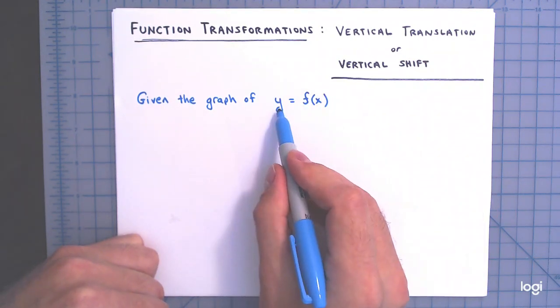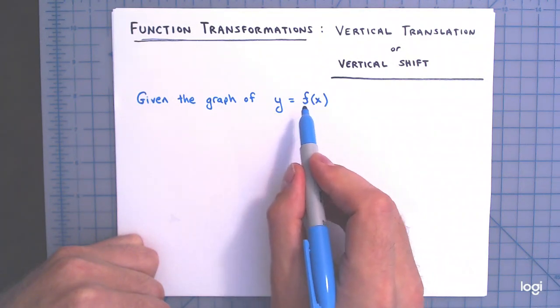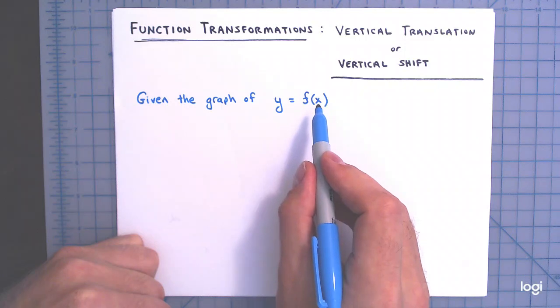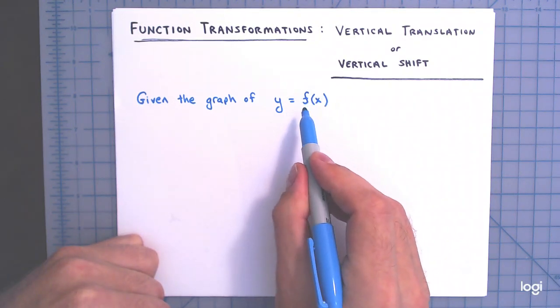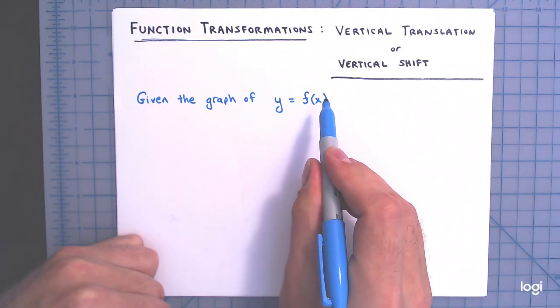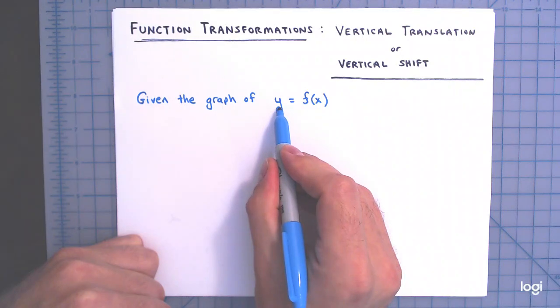Right, so this could be y equals x squared, y equals 2x plus 1, y equals 3x cubed minus 5x squared plus 7. Just y equals some expression that depends on x. So inputs x, outputs y.